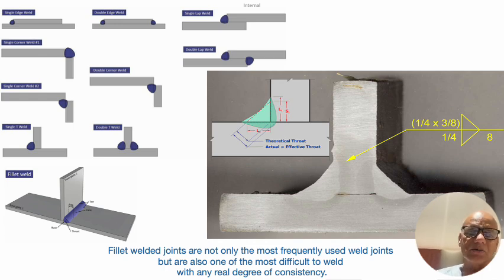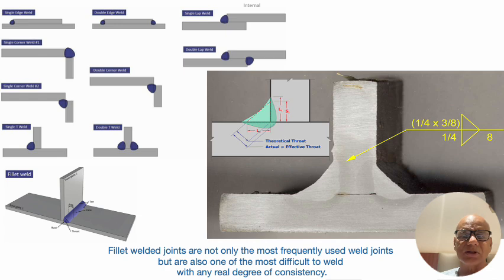But if we consider only the fillet weld, which is what we use most of the time in our pressure vessels, we have to look into two important parameters. The fillet design, unlike the butt joint where we very rarely weld a partial butt joint.